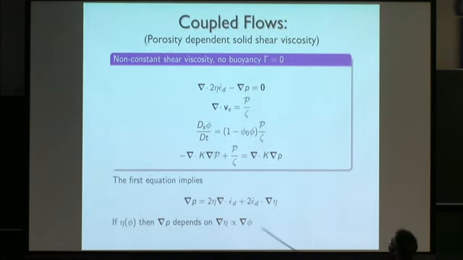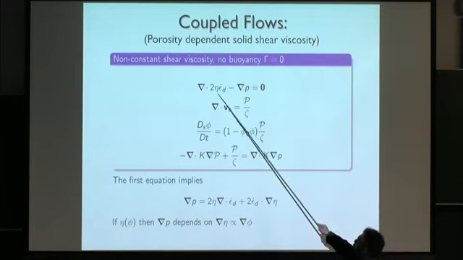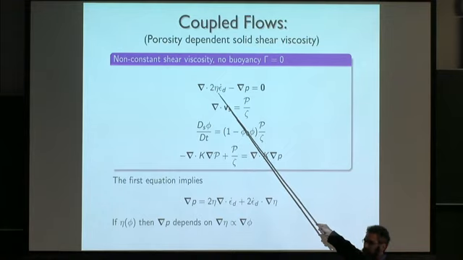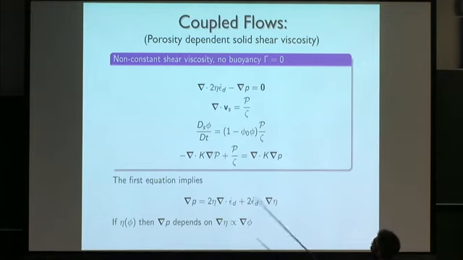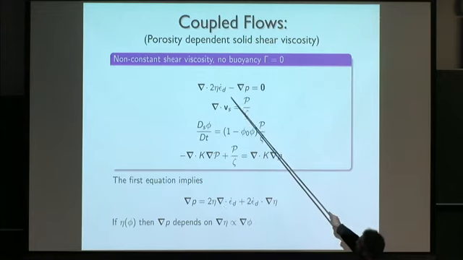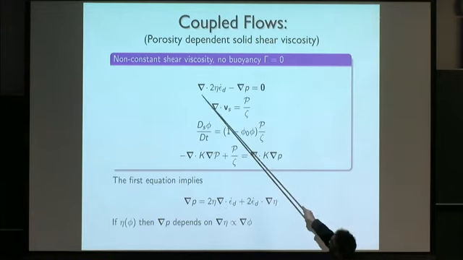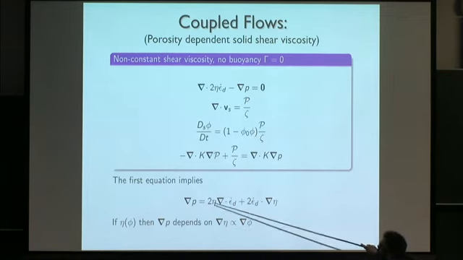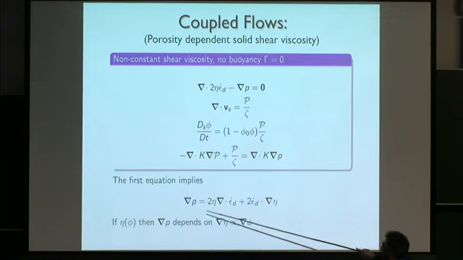In this particular case, we have to worry about the shear viscosity not being constant. In fact, what I really want is to allow the shear viscosity to be a function of porosity. When the viscosity is constant, I can take this out. When the viscosity is not constant, this first equation implies that the pressure gradient really has two pieces.